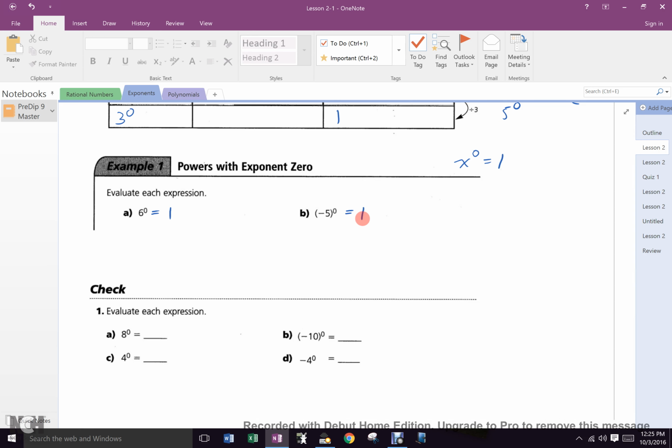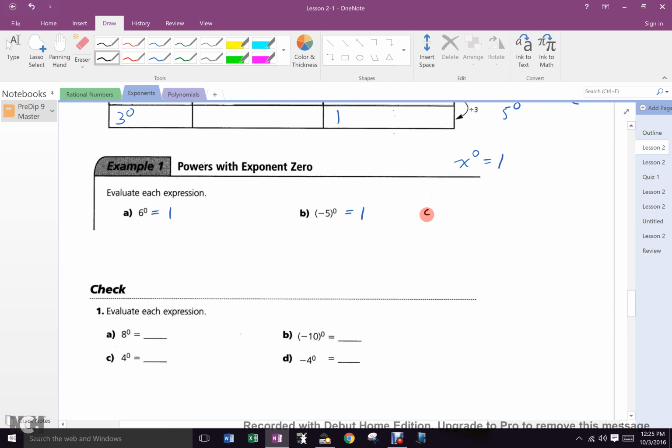Got it? Great. So what then is C? Negative 5 to the 0. That is negative 1, because the 5 to the 0 is the base. That's 1, but there's a negative out in front. So that's negative 1.